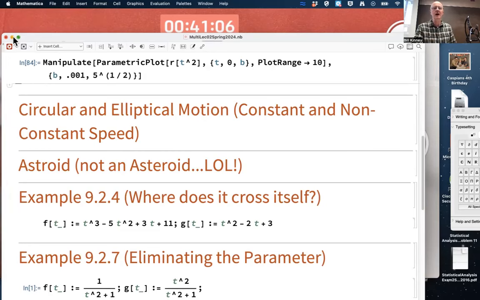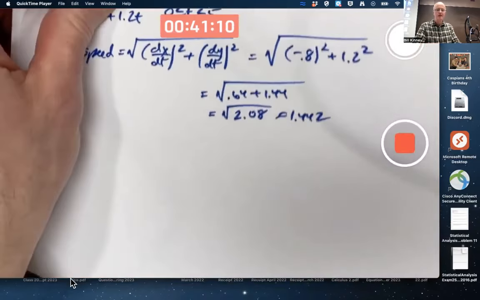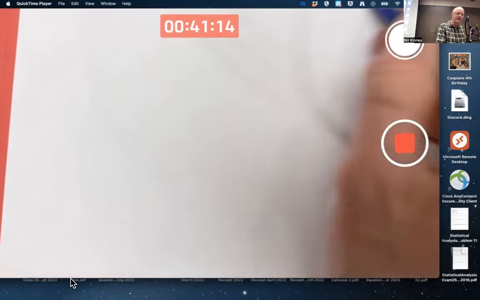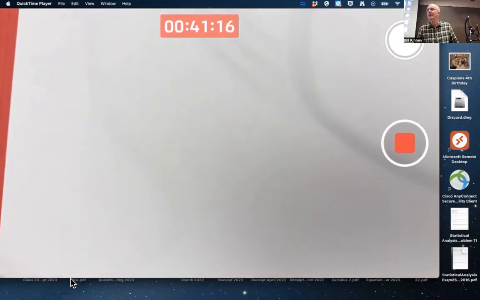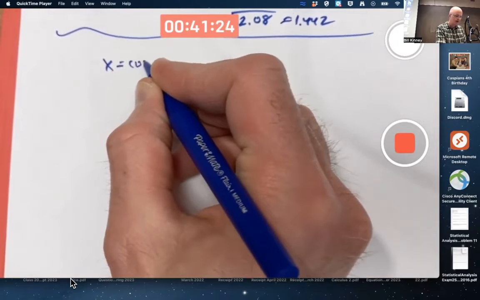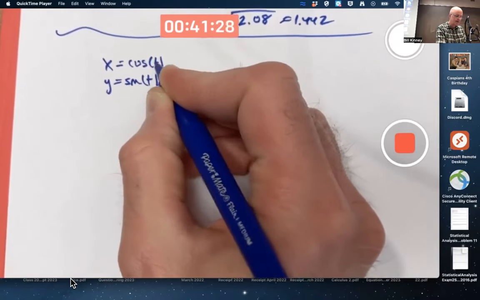What about motion along a circle? Certainly the most basic example is the unit circle, parametrized by the definitions of cosine and sine in terms of the unit circle. X equals cos t, y equals sine t, and notice they have the same frequencies there.